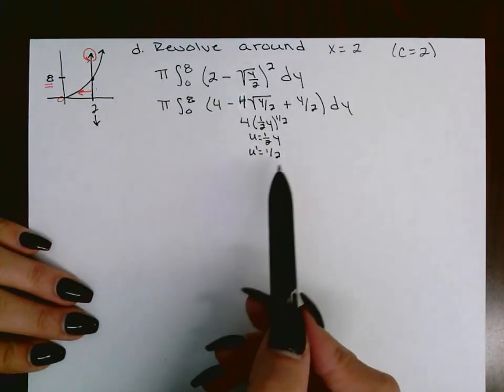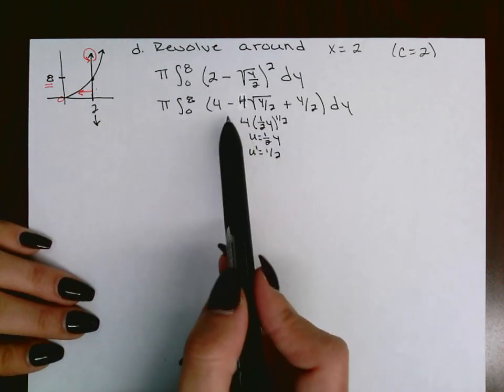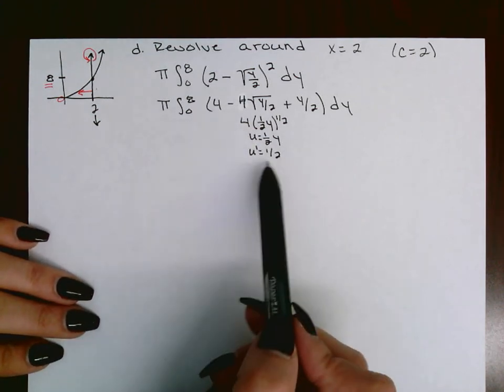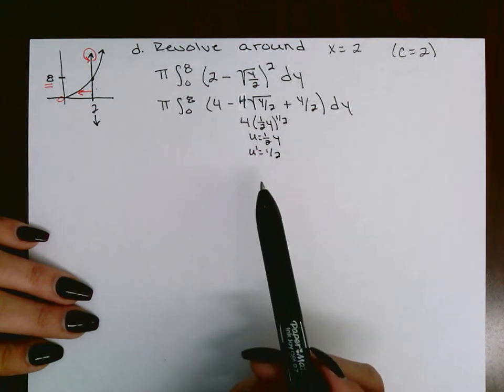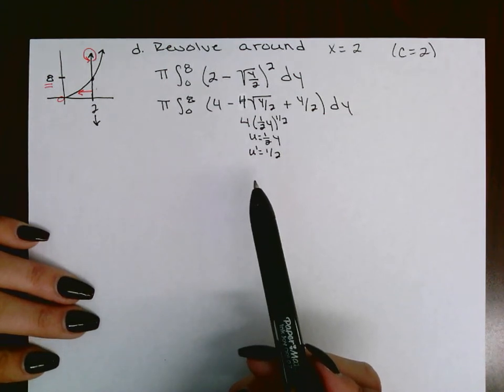Does that make sense? Is it necessary to do that one? Yes, because I need a half in the front and I have a 4. So be very careful there.